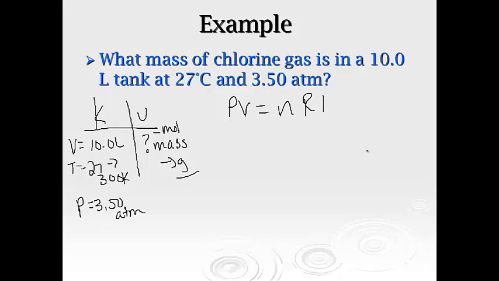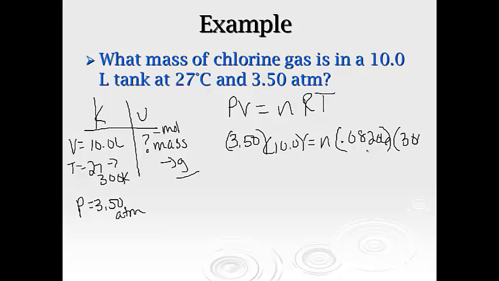So PV equals nRT. We're looking for moles right here. Let's plug it in first, and then we'll solve for it. So 3.50 for our pressure times 10.0 for our liters equals n times 0.08206 times 300.